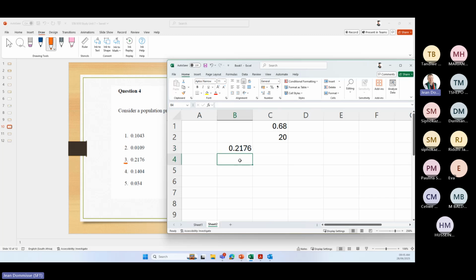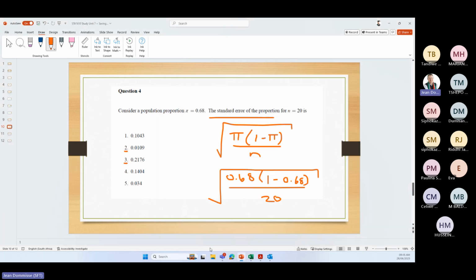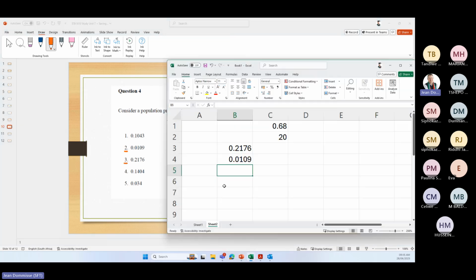Now let's put in the divide by 20, and let's just round it off, and suddenly there's another answer. So for the first step there was an answer, for the second step there was an answer, and then if we square root that and round off, 0.1043.